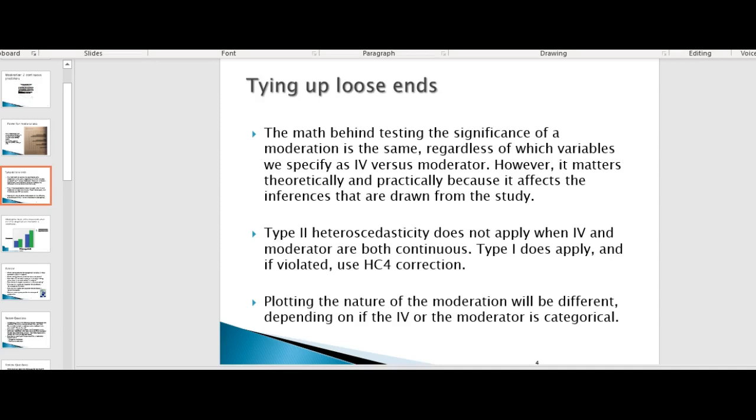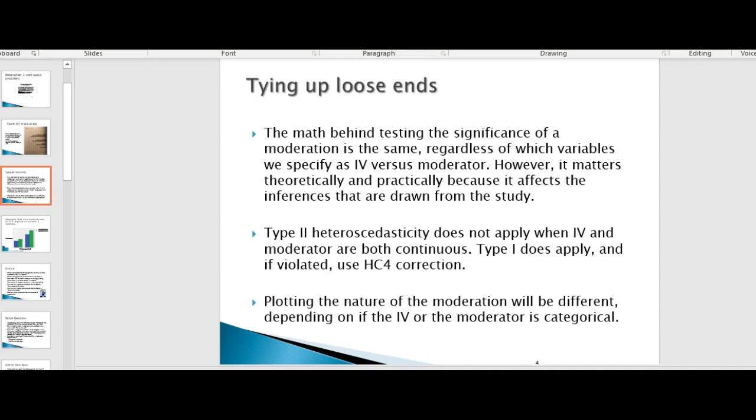But if only one of those relationships is causal, either the IV and the DV or the moderator and the DV, whichever causal one that is, we have to put that in the IV spot, because that IV and DV has to be the causal link. Anything that is not causal, that is just observed, for example, if we're doing a manipulation, that always has to be the IV, just one manipulation.